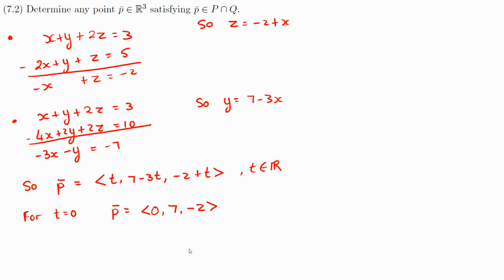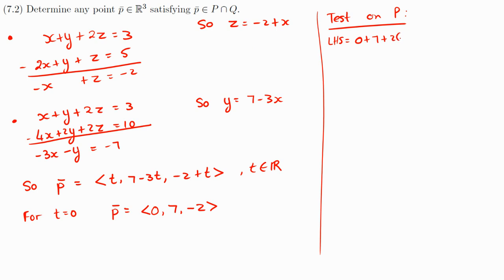Okay, so let's just quickly show that this is actually a point on P and a point on Q. So test on P. The left hand side is equal to 0 plus 7 plus 2 times minus 2.